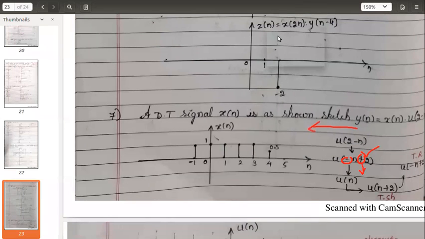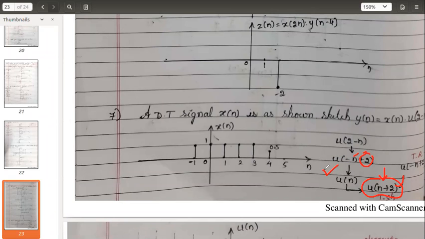So first you should start by drawing u of n. You know how to draw this. Then we have again two operations. So precedence rule, go for shifting first. So shift the signal to the left side by 2 amounts. Make u of n into u of n plus 2. After that, whatever signal you get, reflect it. That is, if time is positive make it negative and if negative make it positive.